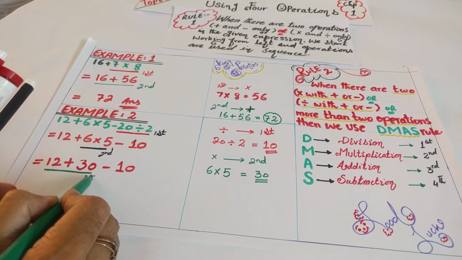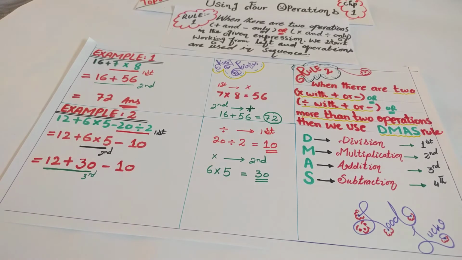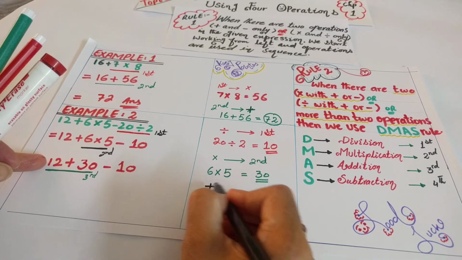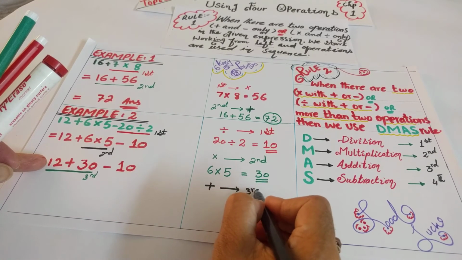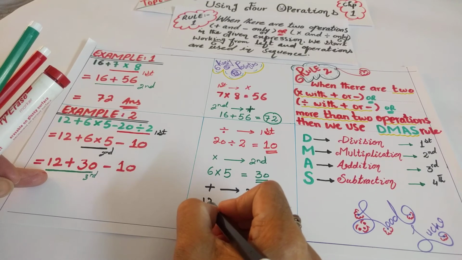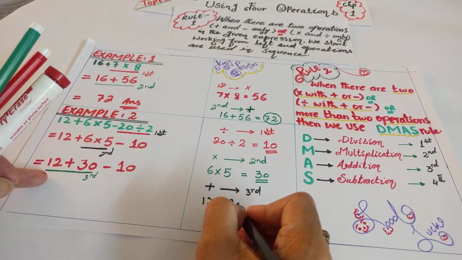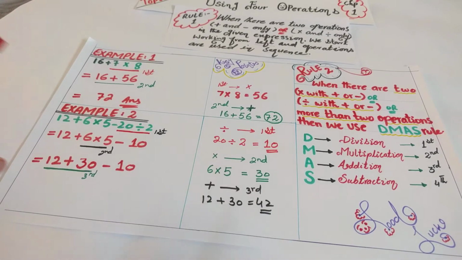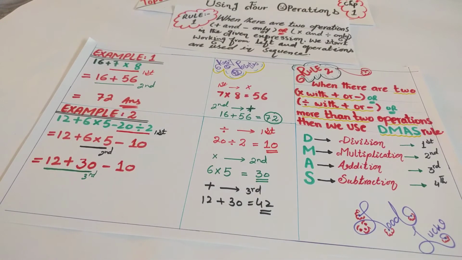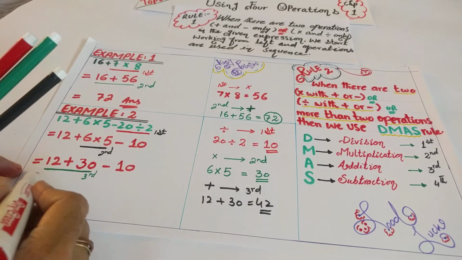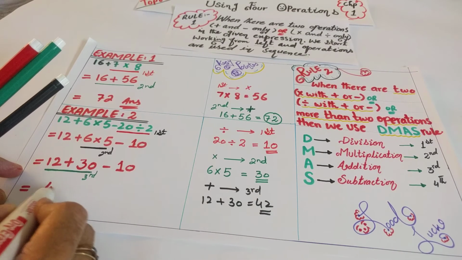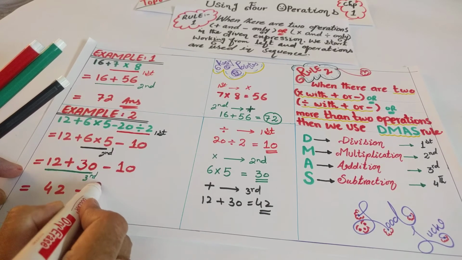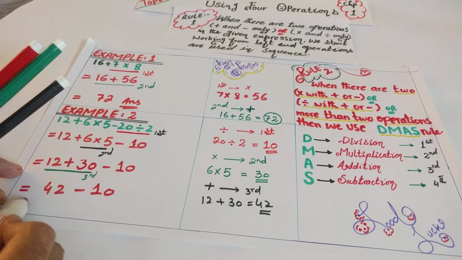So in the third position we will solve addition. 12 plus 30 is equal to 42. Our answer is 42. So equal sign, 42 is the answer of this addition. Minus 10 will be as it is.